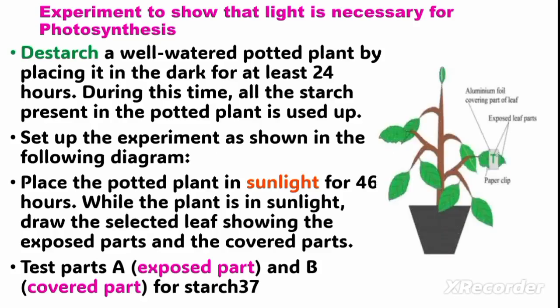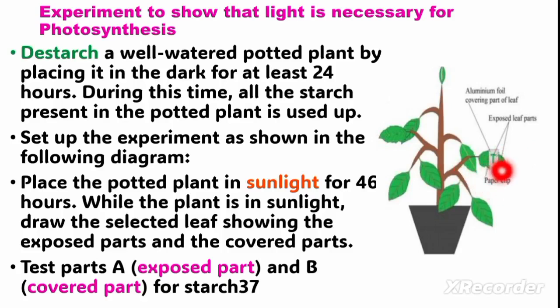So we have the diagram here. As we can see, we are going to consider this leaf. We can see that part of it has been covered, and part of it has been exposed. As we can see, the T-shape has been exposed.